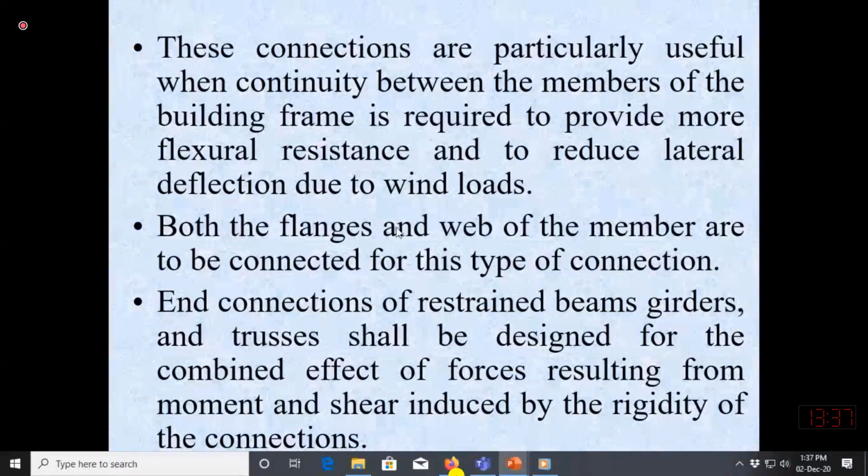Both flanges and the web of the members are to be connected for this type of connection. We have already discussed this. I will explain in the next slide. End connections of restrained beams, girders and trusses shall be designed for the combined effect of forces resulting from moment and shear induced by rigidity of connection. So here I will explain.